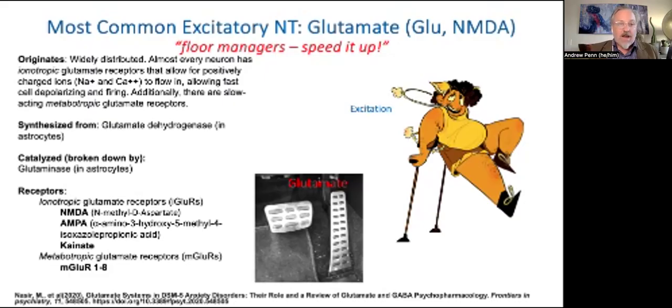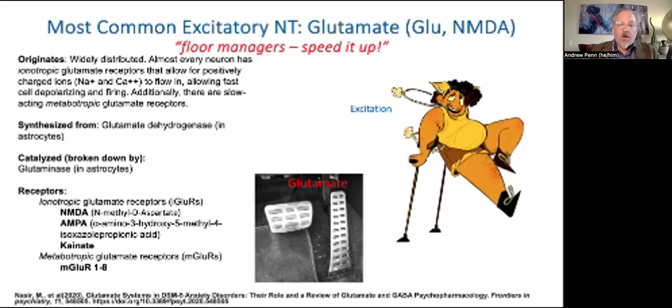It's an excitatory action. Additionally, there's another type of glutamate receptor known as metabotropic glutamate receptors. These are slower acting. These are not ion gated, not these ionotropic channels. These are something called G protein coupled receptors, and we'll talk more about those in a moment.